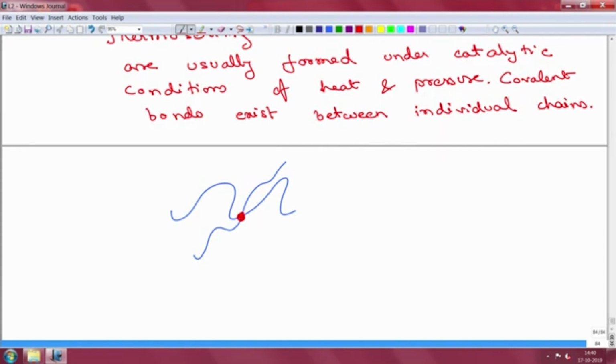In a thermoset polymer or cross-linked polymer, at this location you have another covalent bond between this chain and the other chain. Okay. And now what you are looking at is a large molecule, an even larger macromolecule than the original polymer itself, because the polymers have now been cross linked with each other. So, they are covalently bonded.